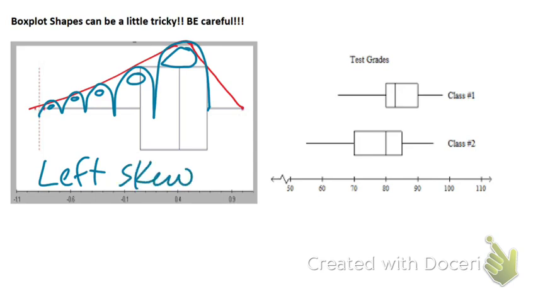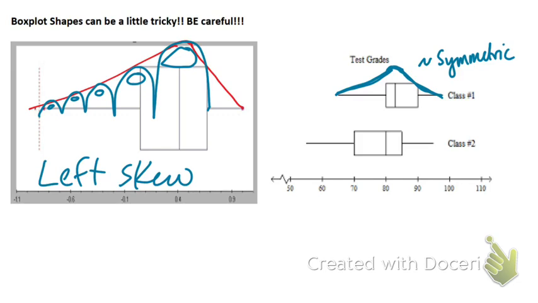Nice. All right, so let's look at the test grades on the right here. On the top, class number 1. Again, think about the peak being close to the median, and then go down to both sides. What do you think? This one's fairly symmetric.